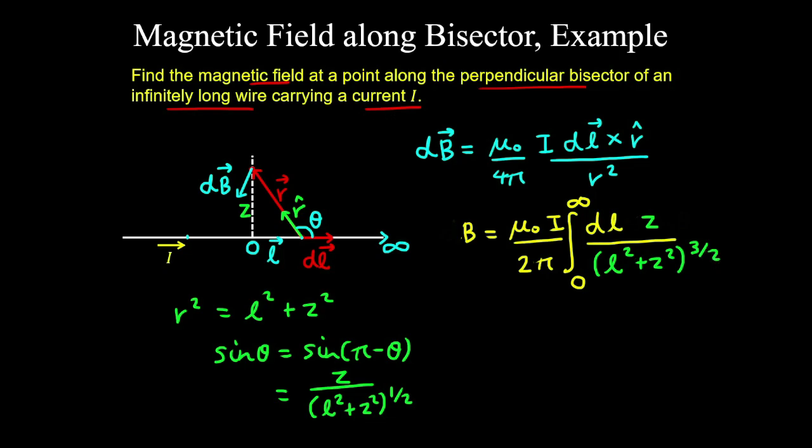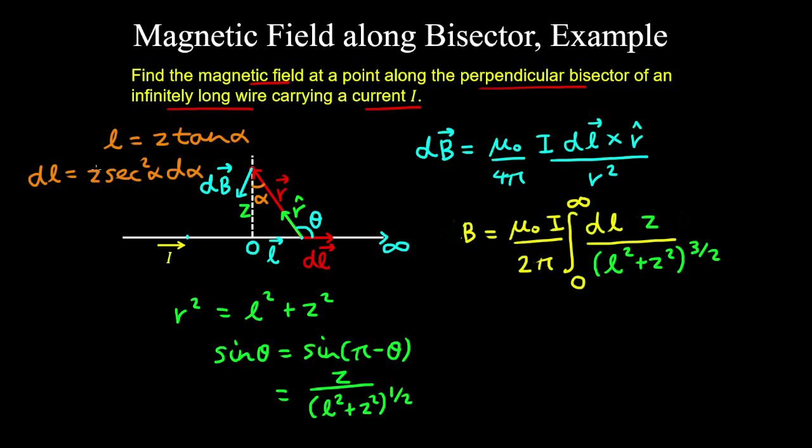And now if we do a change of variables by taking this angle as alpha, so tan alpha is L on Z, so we can write L as Z tan alpha, and therefore dl is Z sec squared alpha d alpha.